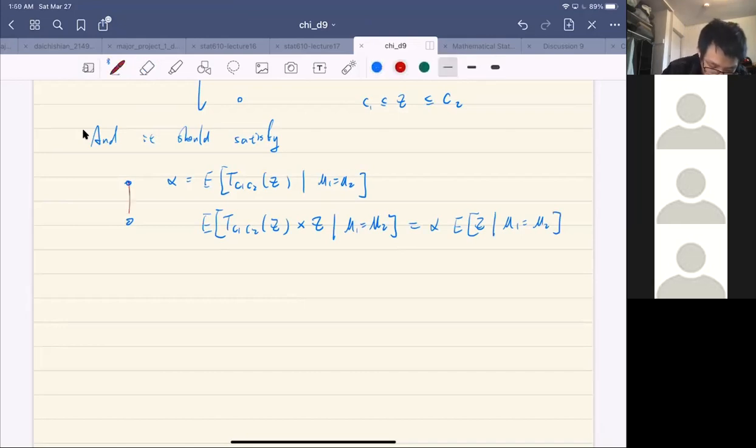Let's say this is 1 and this is 2. Usually you want to solve 2 first. The average of Z under this is 0.